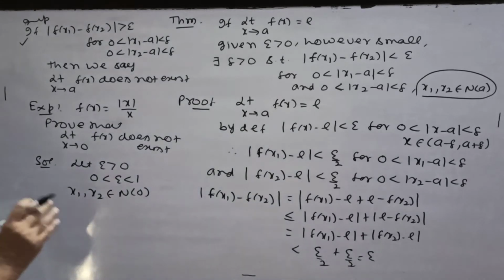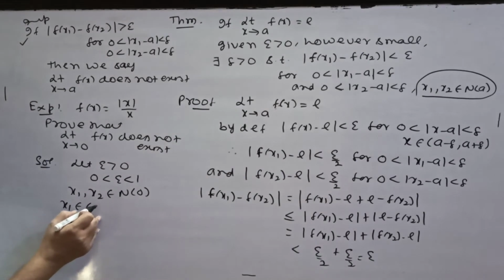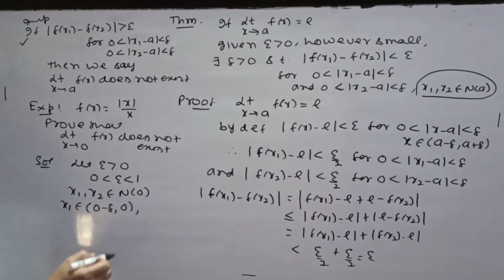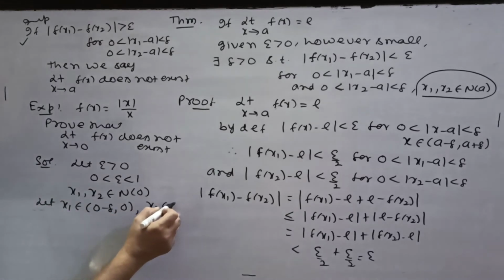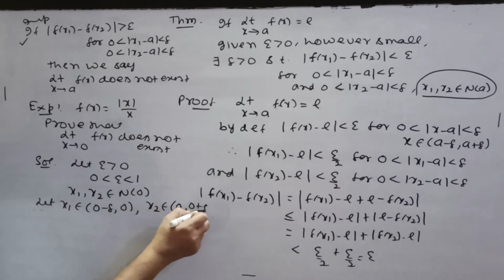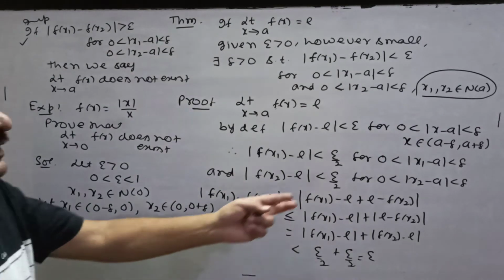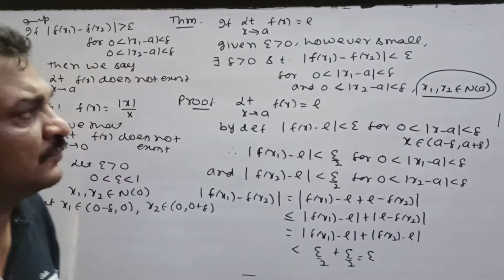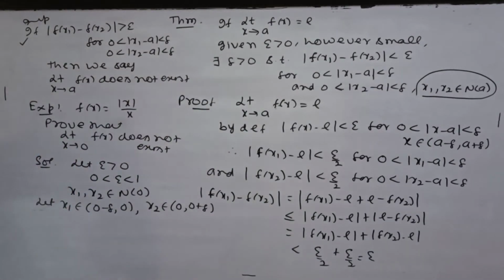We take x1 in the left neighborhood, x1 belongs to (0 - delta, 0), and let x2 belong to the right neighborhood, (0, 0 + delta). It is your choice. Because in this theorem x1 and x2 belong to the neighborhood of a, here x1 and x2 belong to the neighborhood of 0.